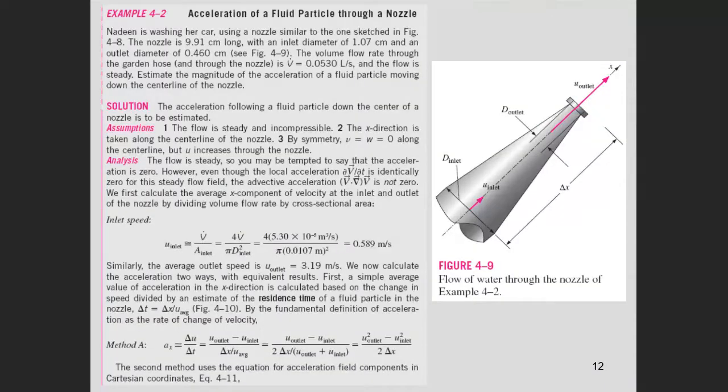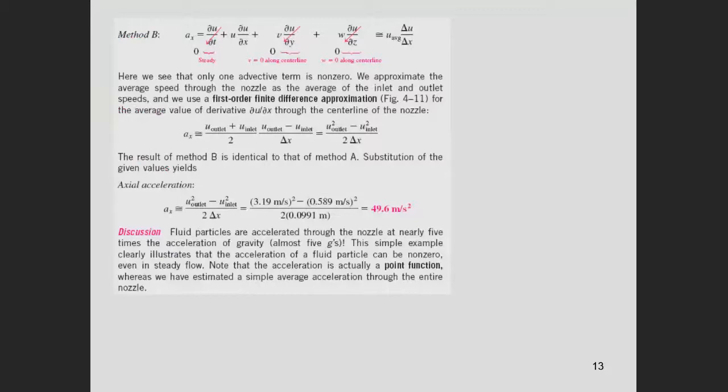Yes. This is the same expression here. We reach it here. Go here and you see everything is 0. So when we get the same expression, that means, guys, that the acceleration equation we derived is absolutely valid. The acceleration ax is equal to u out square minus u in square divided by 2 delta x.